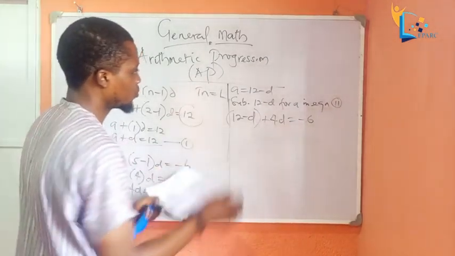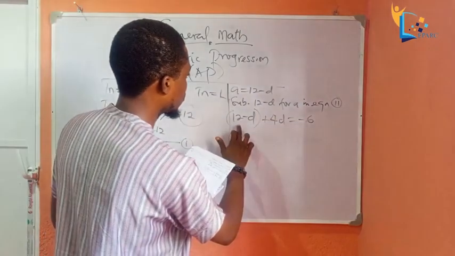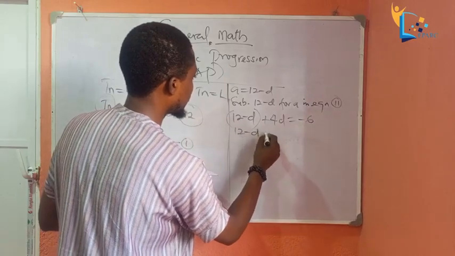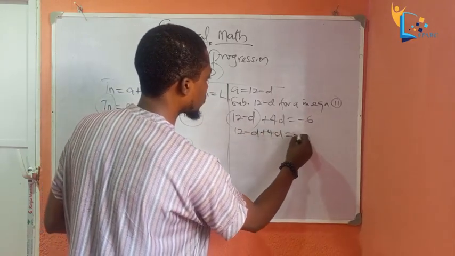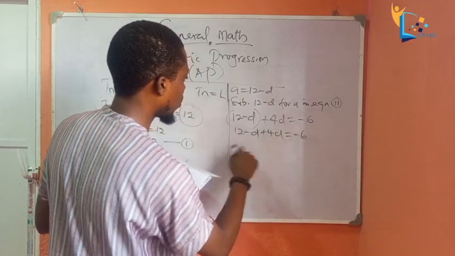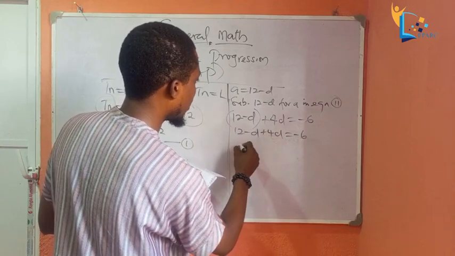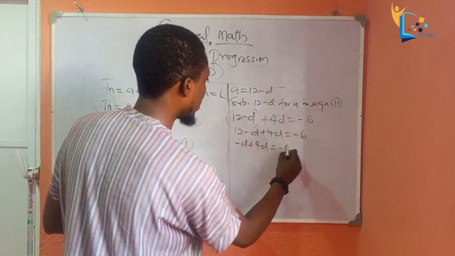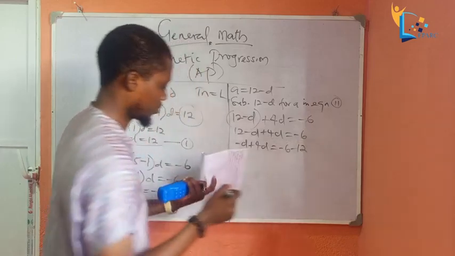So let's go. 12 minus D plus 4D equal to minus 6. Let's collect like terms. So we have minus D plus 4D equal to minus 6 minus 12.